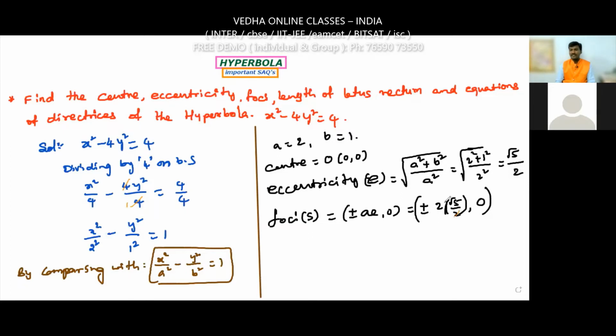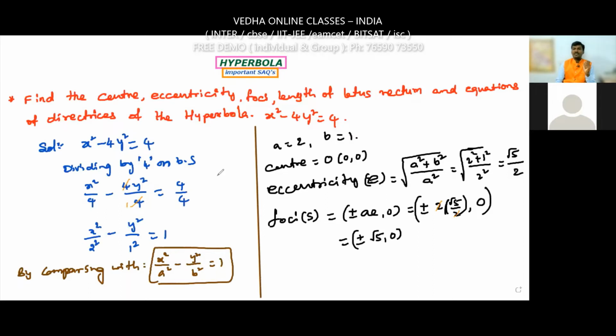So we get plus or minus root 5 comma 0. One is plus root 5 comma 0, another one is minus root 5 comma 0. So we have two foci.